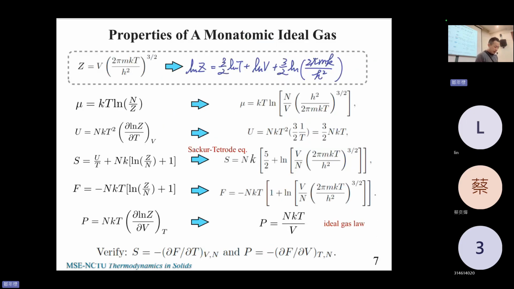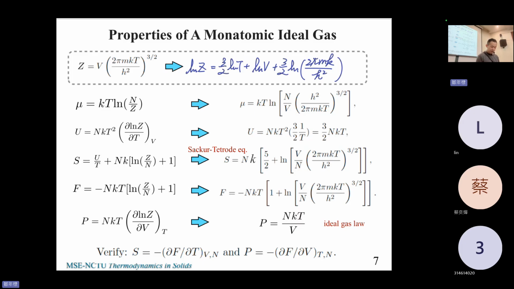Okay, and so this is the summary table for mu, U, S, all the properties connecting to Z, and because Z is proportional to something relative to V, you can obtain another form of all the properties.